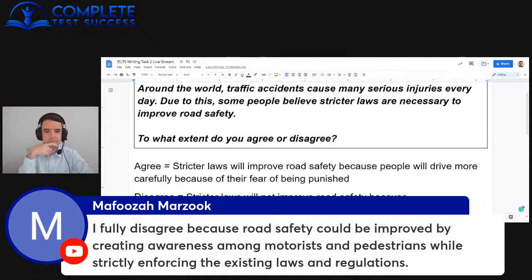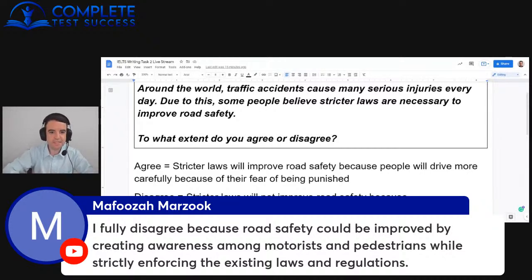Okay, so let me just think about that. You're saying stricter laws will not improve road safety because creating awareness among motorists and pedestrians will be more beneficial. So you're saying the real problem isn't how strict the laws are.